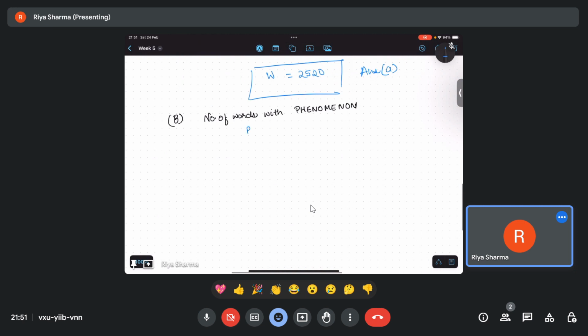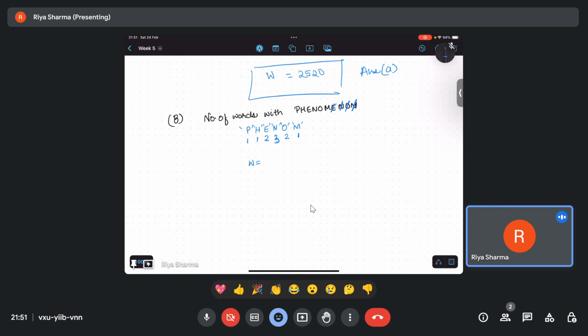Just write whatever letters we have. H is the first, E is there, N is there, O is there, M is there. I am not writing E again, so I am cutting E and I will write this as 2. I am cutting N and writing 2 here. So these are all one.